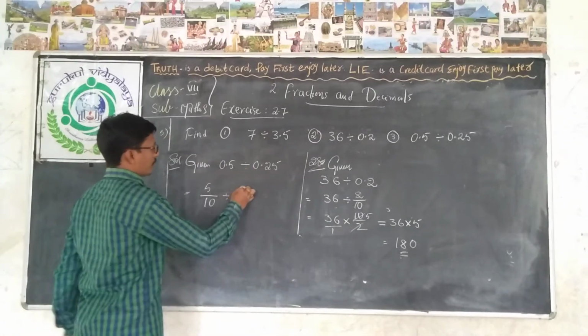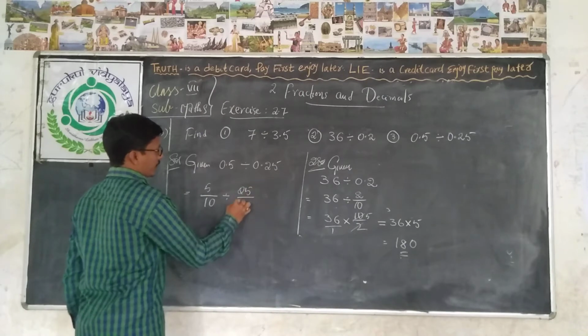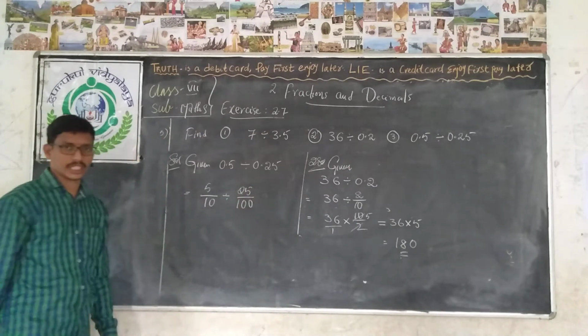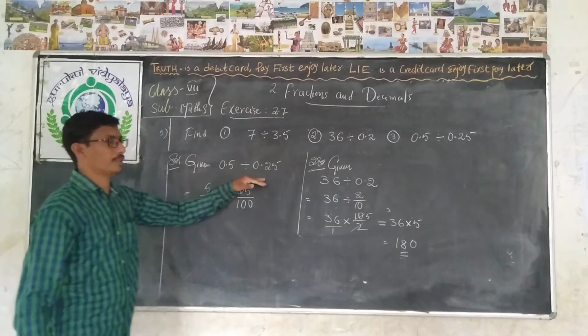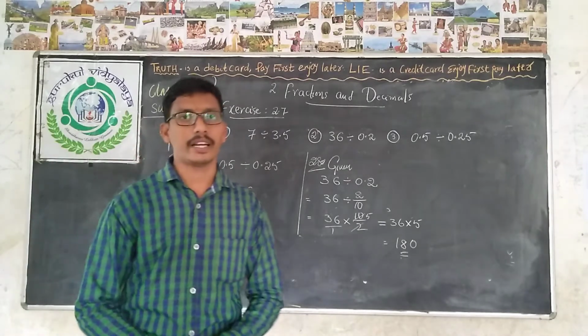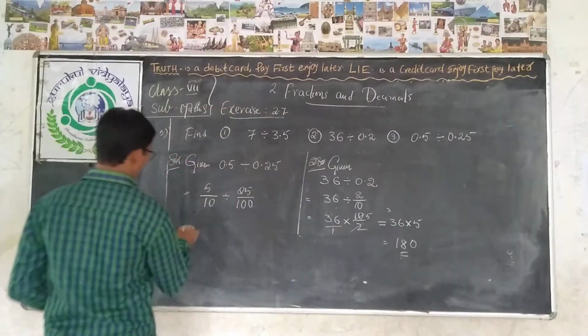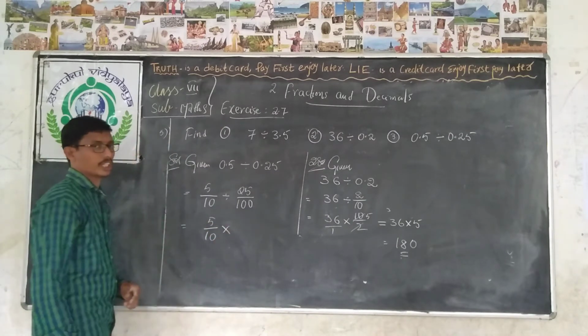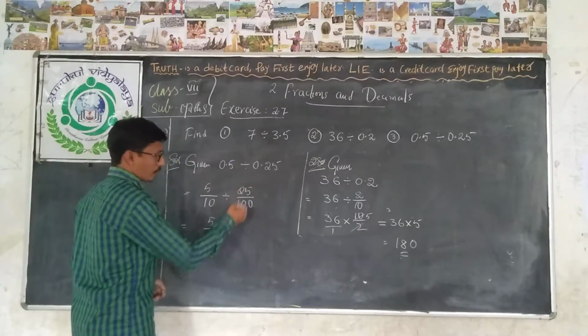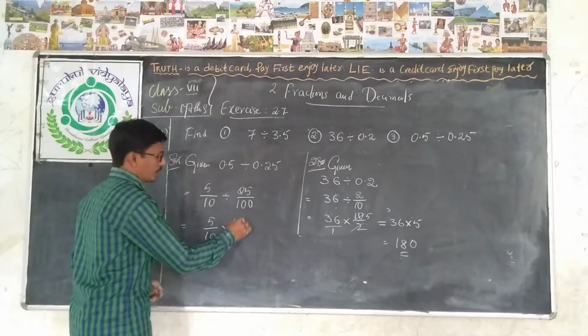Remove the point, and you get 25 by 100, as 5 is in the hundredths place. So the fraction for 0.5 is 5 by 10, and 0.25 is 25 by 100. Now 5 by 10 converted into multiplication method, so the reciprocal of 25 by 100 is 100 by 25.